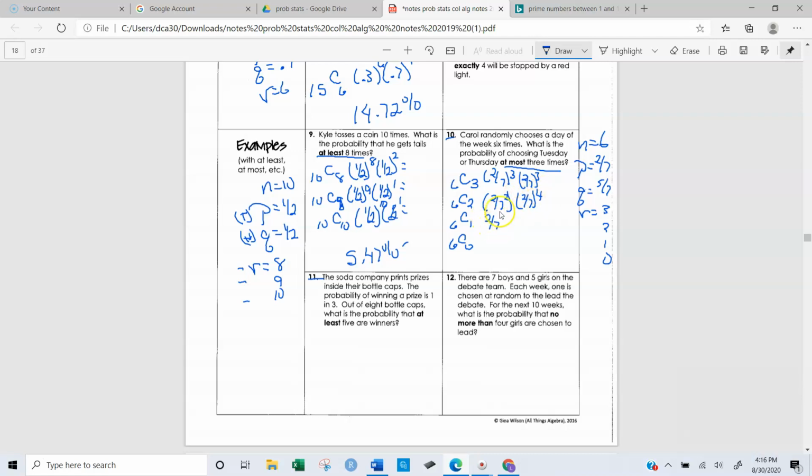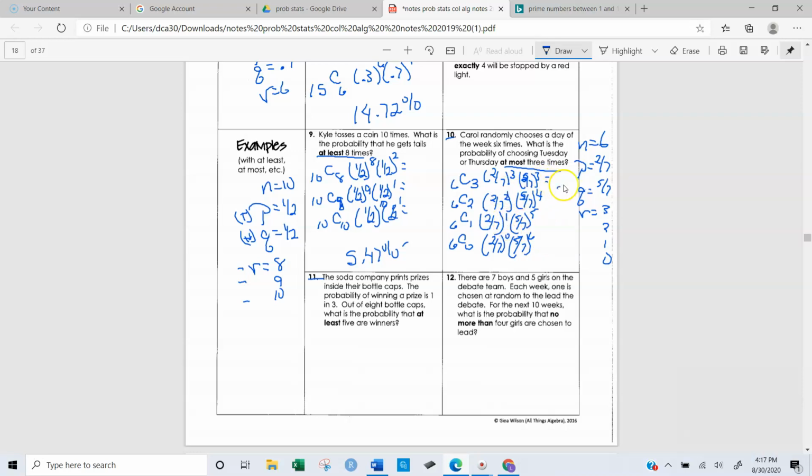Here I only want 1 2 sevenths, which means this is 5 sevenths. I will have 5 sevenths that are wrong. Here, I don't want any of them to be right, which means my other 5 will all be right.